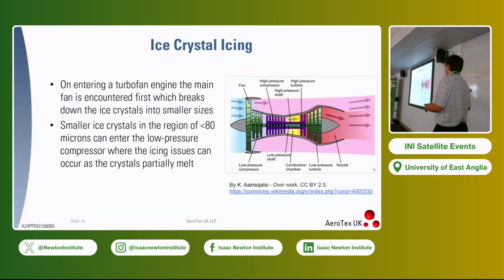In terms of a bit more of the physics, the ice crystals can be very large, 2, 3, 4, 5 millimetres. A lot of them get broken up when they go through the fan at the beginning, so you end up with smaller, roughly 20 micron ice crystals that go into the engine. What generally happens is they come in here, and it's in this front low pressure compressor stage where the ice starts to form, because it's a warm area of the engine.